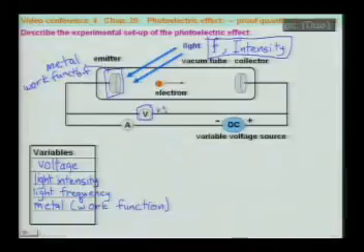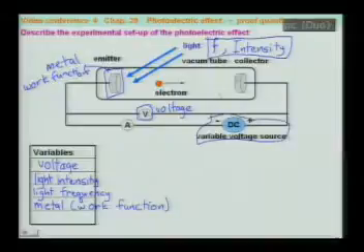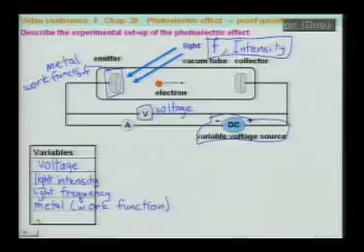Okay, so we can measure the voltage now. So lastly, what can we measure? We can use the variable voltage source to vary the voltage in the circuit. So the last one is?